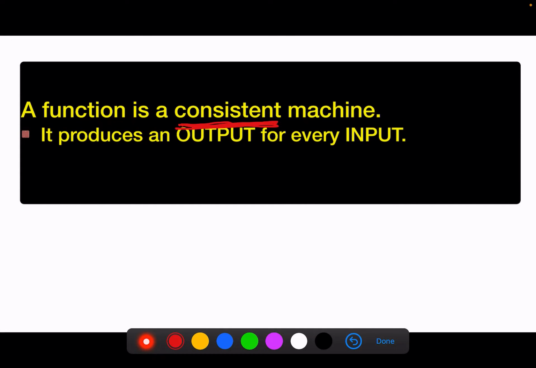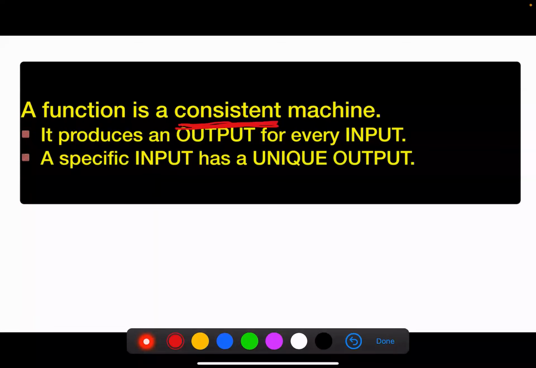But when it comes to function, आप कोई भी element छोड़ नहीं सकते. So it actually produces output for every input. So all elements in the input set are included. Now what else? Other thing is, if you have a specific input, it has a unique output.